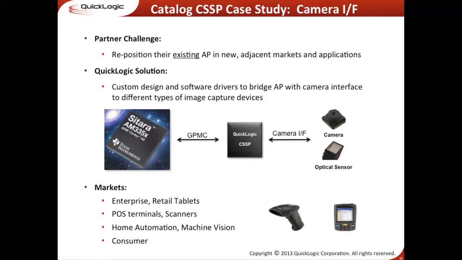And so when TI salespeople go out and sell the Sitara for the type of customers who desire a camera, they actually have a reference design that's called a BeagleBone, and there's a cape on top of it that has a QuickLogic circuit that enables them to interface with the camera. And thus, that is a camera interface, and it enabled them to go after the enterprise, retail tablets, POS terminals, scanners, home automation, and machine vision.